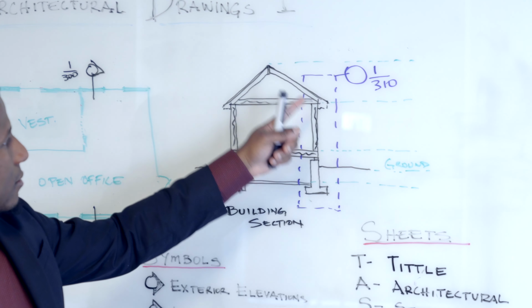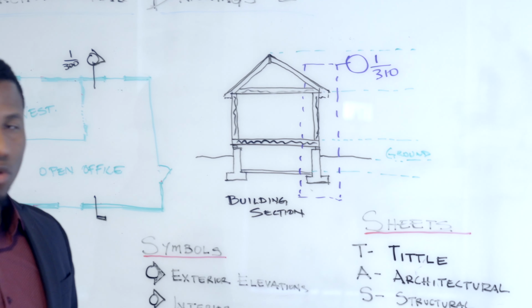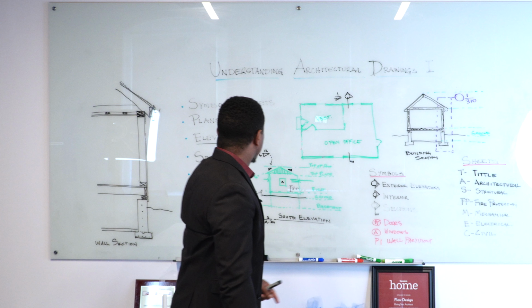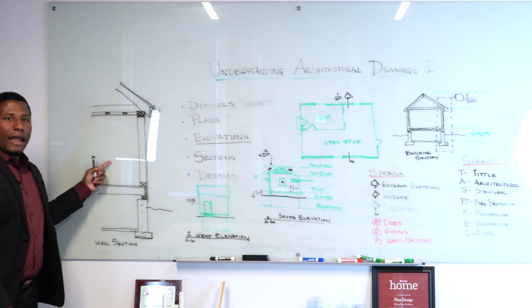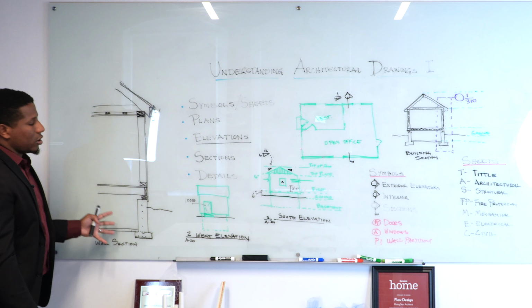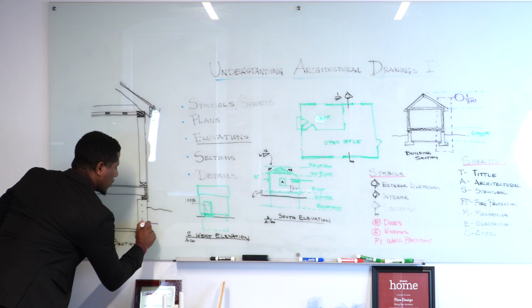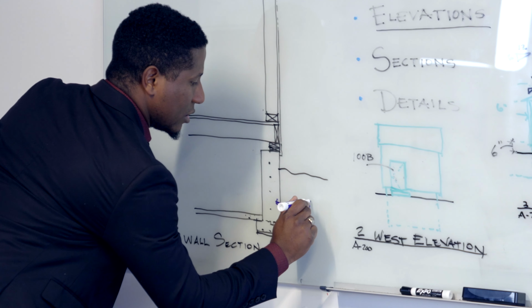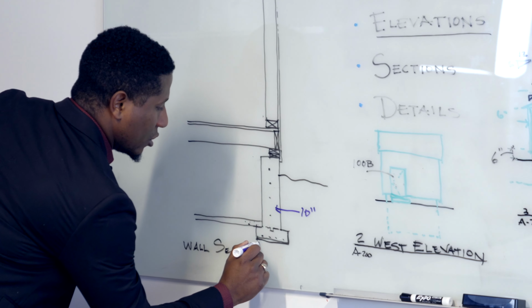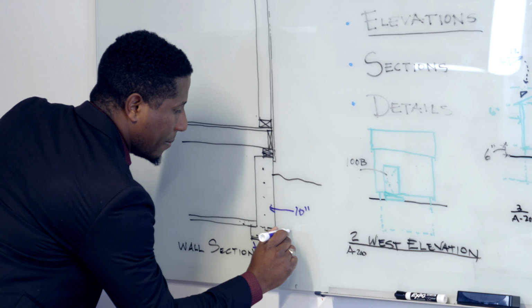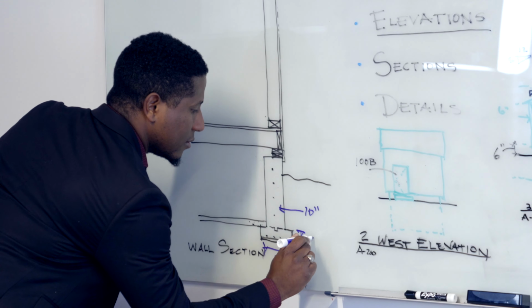You enlarge that section to see the build out of that wall assembly, and then you go to that sheet, and then you can see the construction of it. In here, you will be able to know, hey, that foundation wall is 10 inches. This dimension, let's say, is 3 feet, 3 feet by 12 inches.